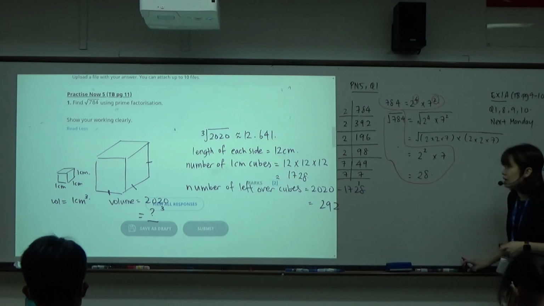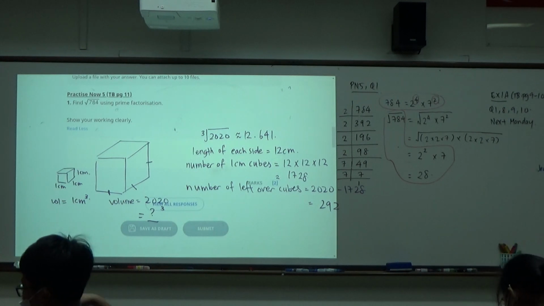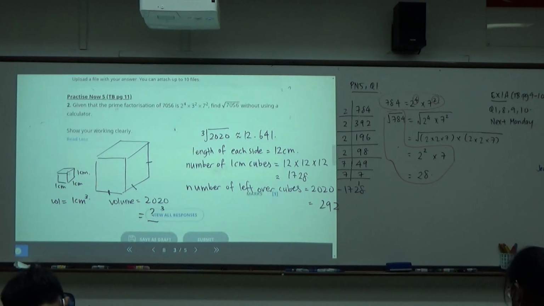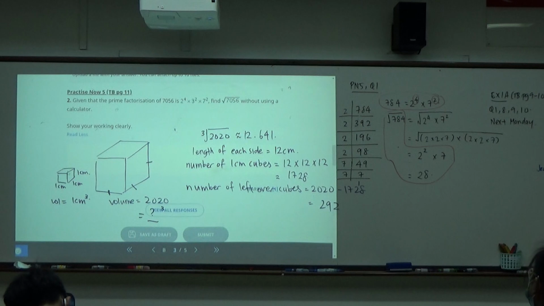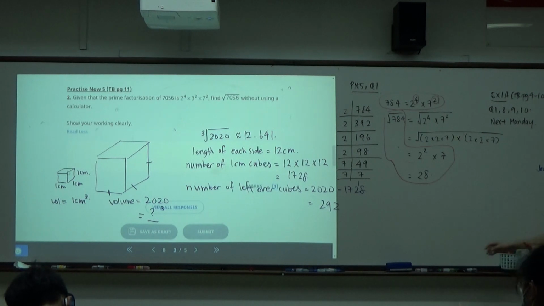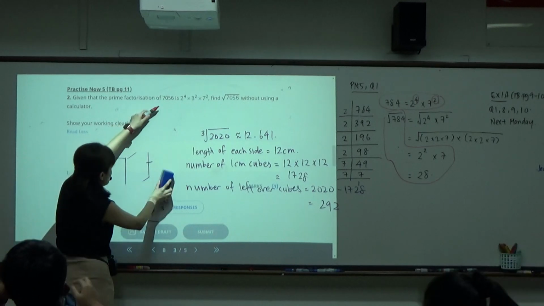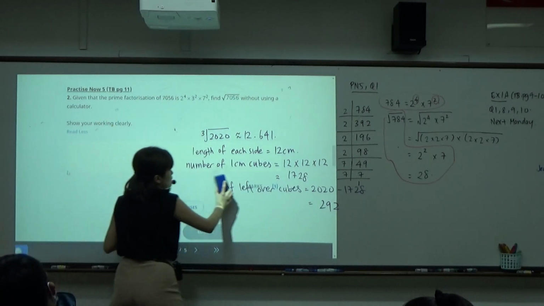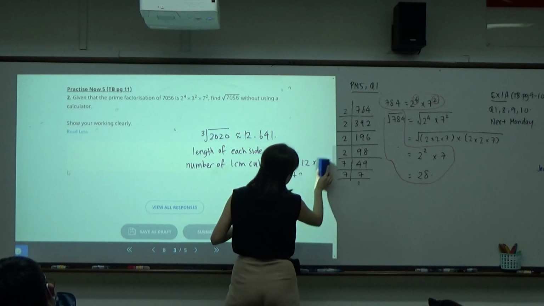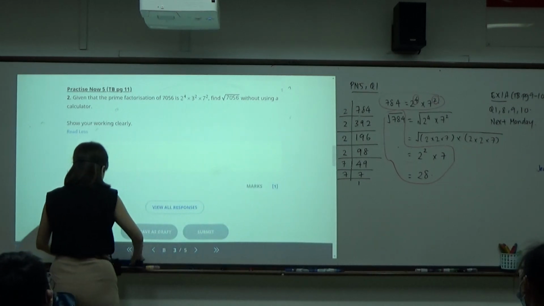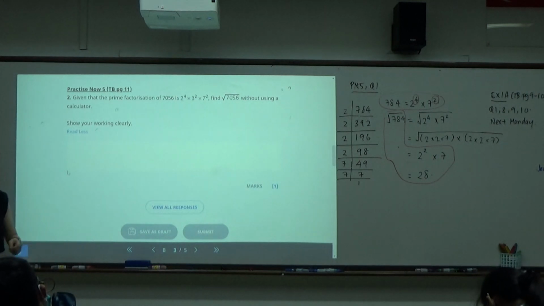Alright, so with that idea, we come to question 2 of practice now 5. Without using a calculator to solve this, the question actually already did the prime factorization for you. I saw that in some of your working, you gave me the prime factorization, which was very unnecessary and a little bit of a waste of time.